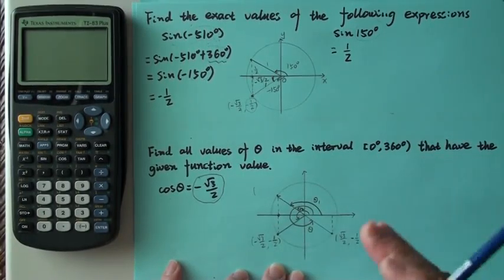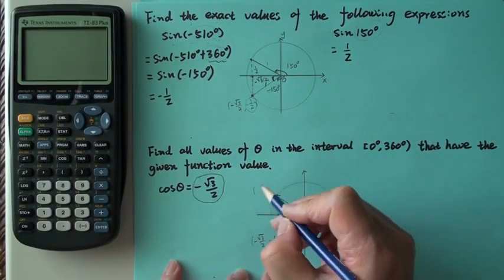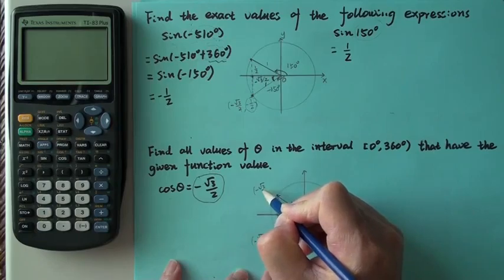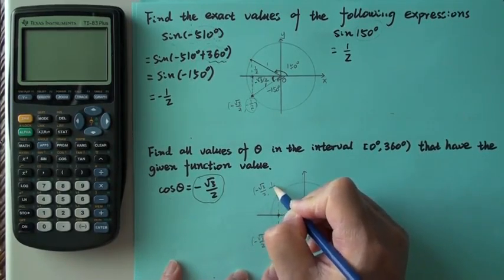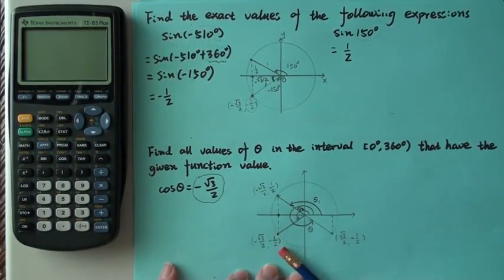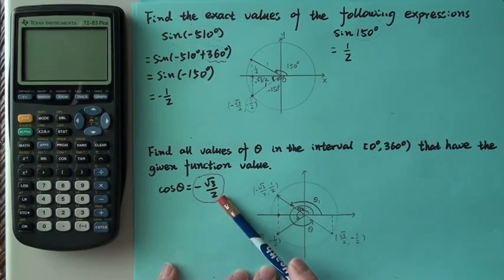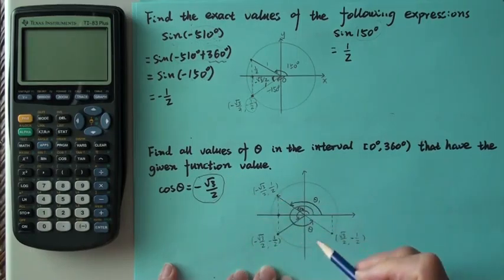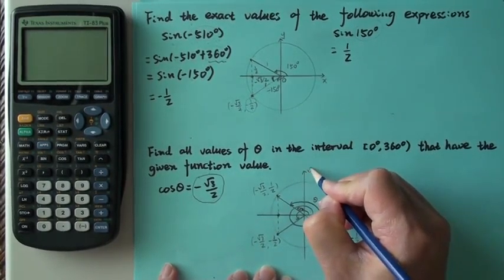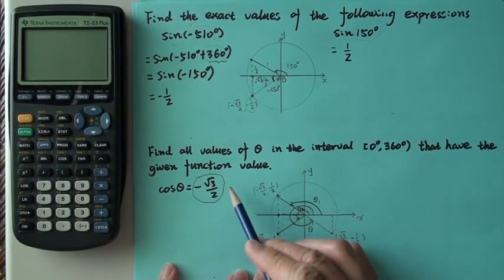We know that this coordinate is negative radical 3/2, and here is positive. So those two are similar. Down here you see negative radical 3/2 and negative 1/2. Negative radical 3/2 is for x. So it tells us that this part is the one right here.